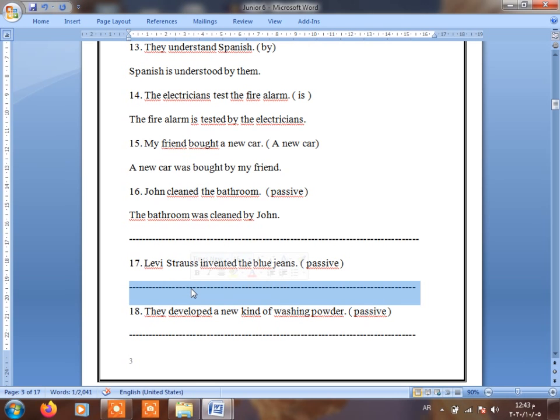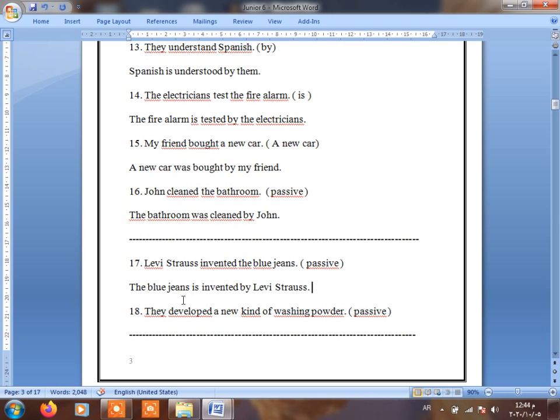Levi Strauss invented the blue jeans. So the blue jeans is the object. The blue jeans are invented by Levi Strauss.